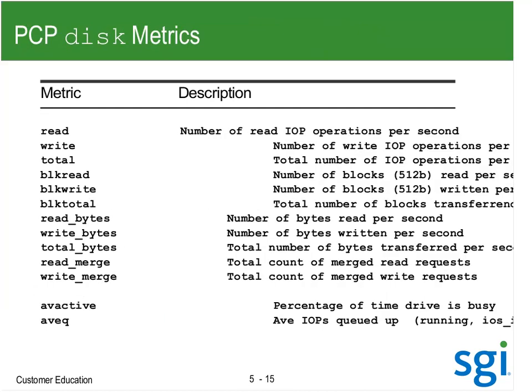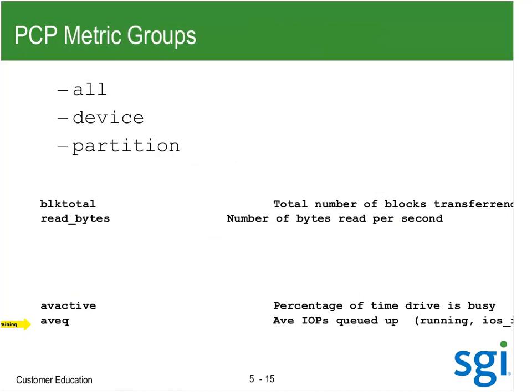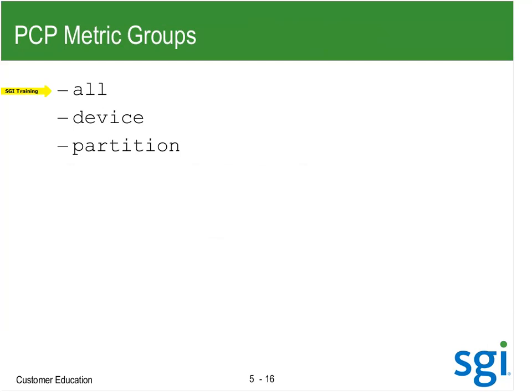Now PCP can get to these so we can track reads and writes in total, blocks or by bytes, and track the merges, and we can track how busy the drive is. And then the average number of I/O operations that are queued up. And PCP, by default, the one I had is merging all I/O operations together.